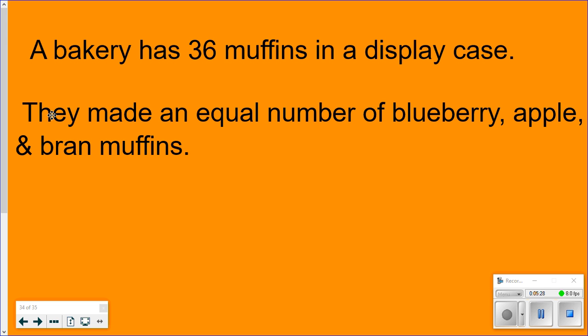So, can you imagine, I have my 36 muffins, and they have 3 flavors. You don't have to write any of this down, Grace. We're just thinking. Oh, we got blueberry, we got apple, we got bran muffin. Cool. Okay? So far, so good? We understand what's happening here.